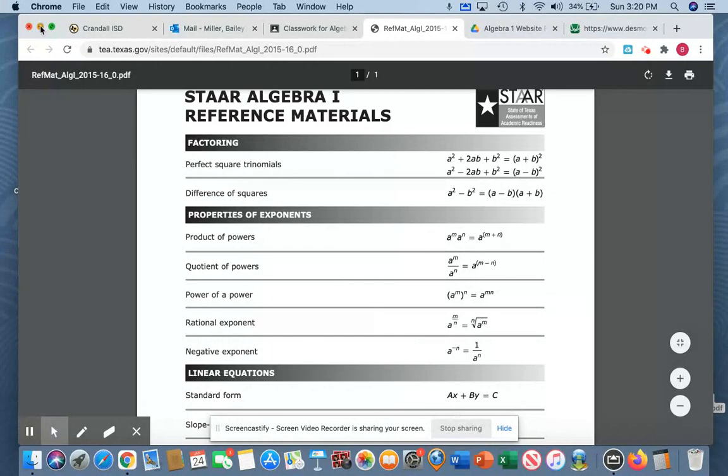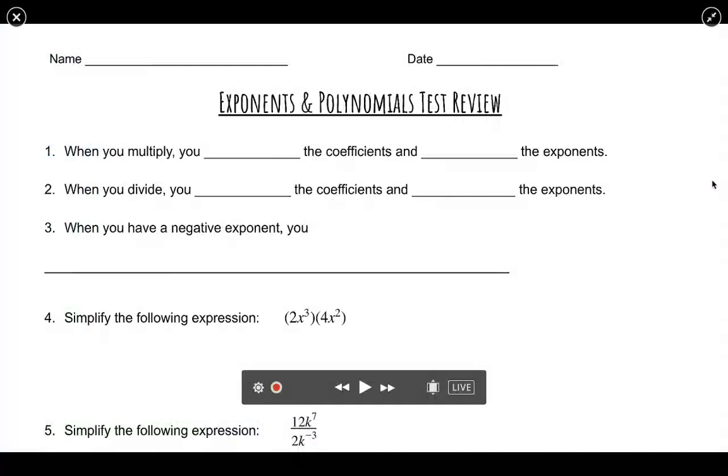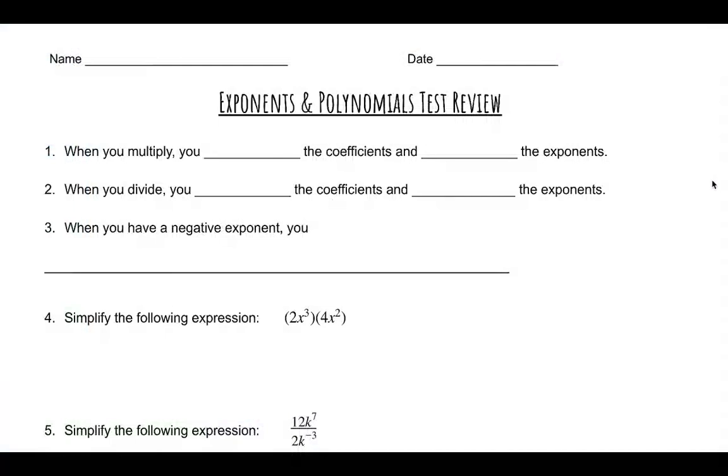Okay, so when we multiply polynomials, you're going to multiply the coefficients, or the numbers, and you're going to add your exponents. When you divide, you divide the coefficients, or the numbers, and you're going to subtract the exponents.